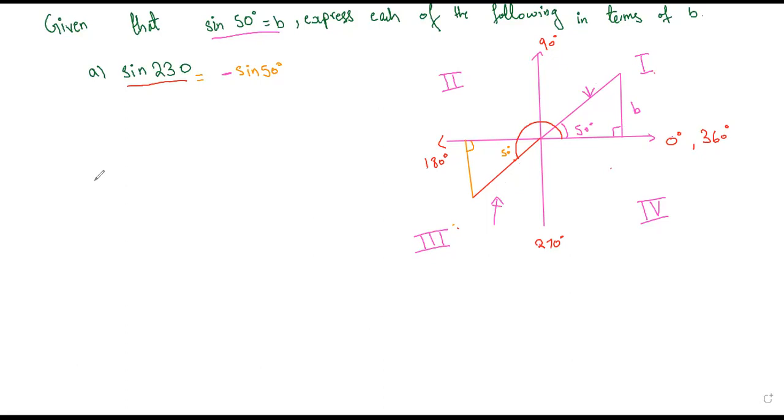Let's talk about the next part of this. B part says, what would be the value of cos 50? Think about it. Cos 50 is again this angle, okay? Just take your time and think about the value of cos 50.